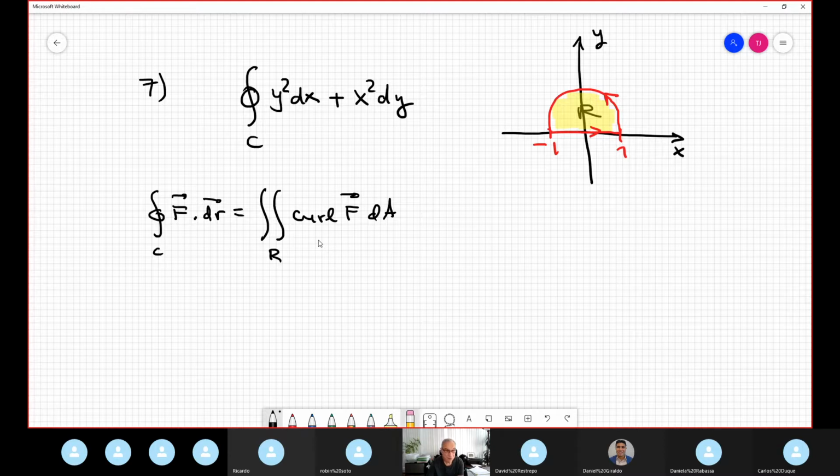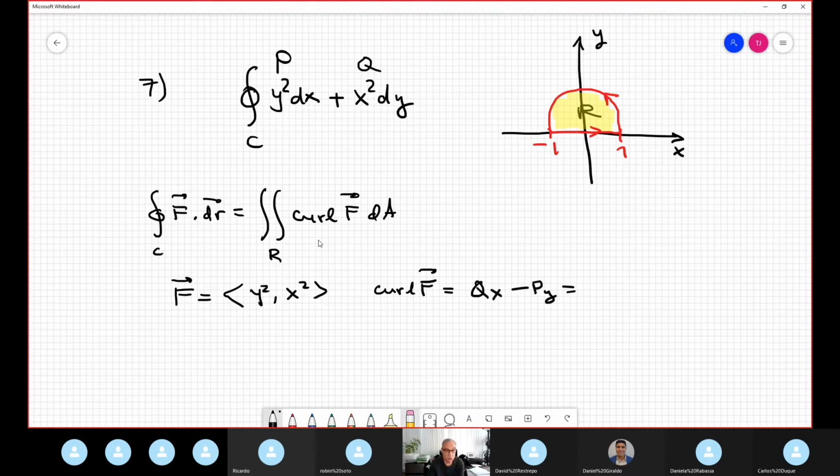First of all, determine what the vector field is, because the problem is stated in a weird way, no? This is P and this is Q, I suppose. So the vector field is obviously y squared for the P component and x squared for the Q component. Now determine the curl, which is super easy. Remember the curl in 2D is a scalar function, Qx minus Py.